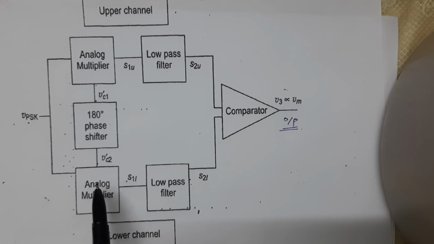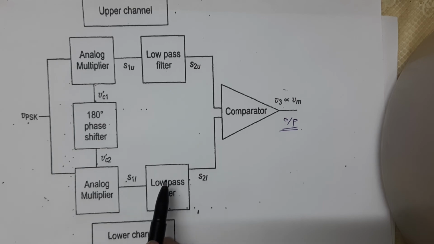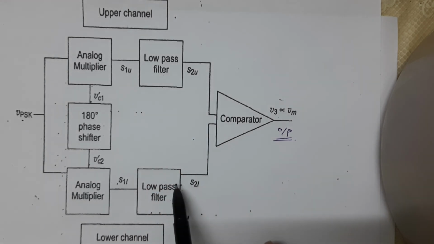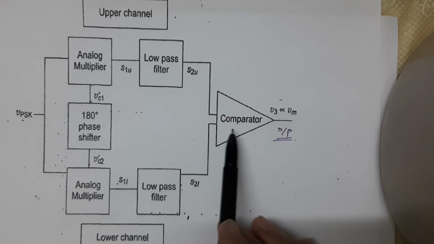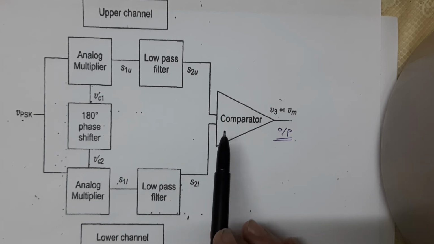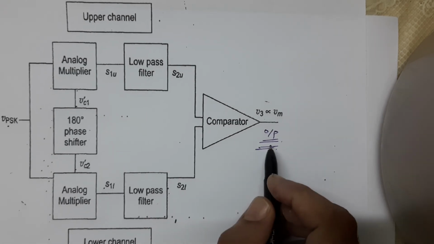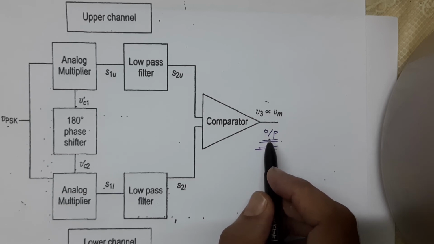Hence the outputs of the two channels, from the low pass filters, are passed on to the comparator. The output of the comparator will be high when the upper channel output is greater than the lower channel, and low when the lower channel output is greater than the upper channel.